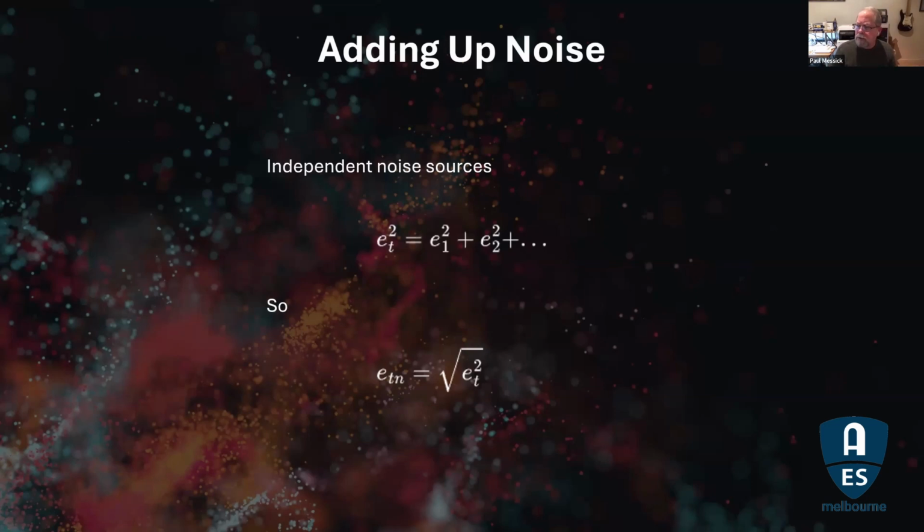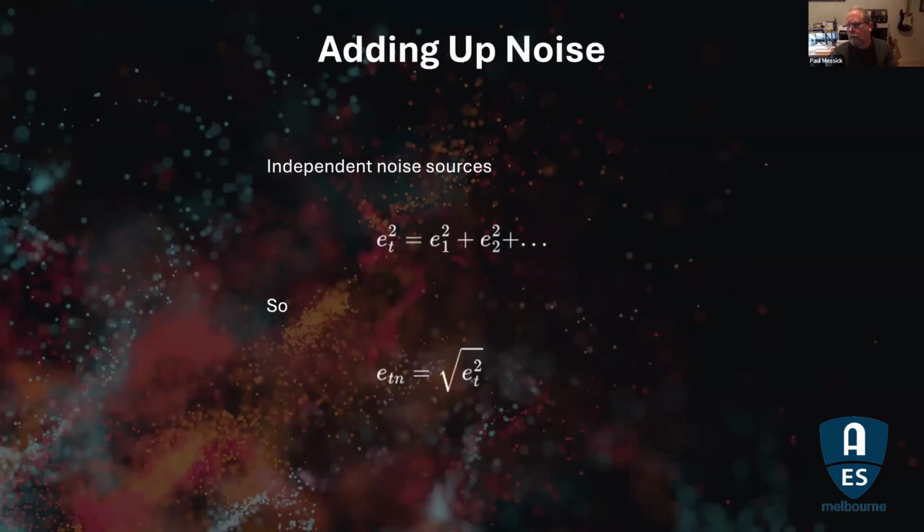If you only have one noise source, it's easy. That formula before for KTBR, that's your number. But if you have multiple noise sources, which you do in literally any circuit you're going to actually make, they have to be added up, and they add up like RMS. They add up as the square of each of the voltages, assuming these are all independent.